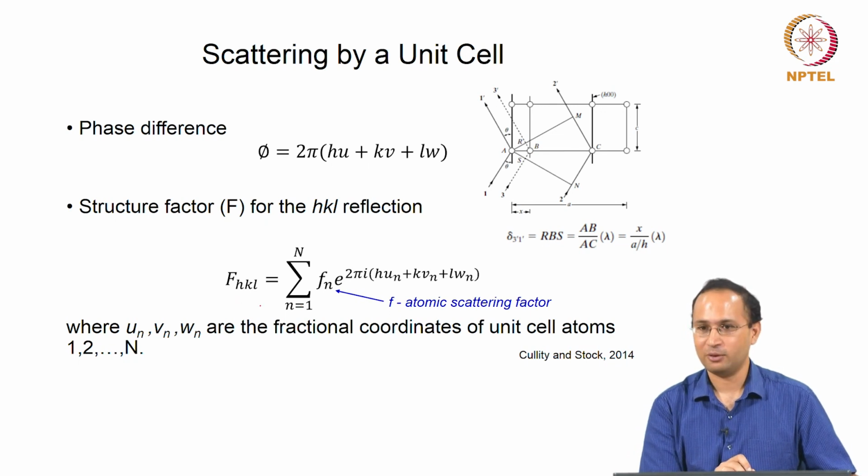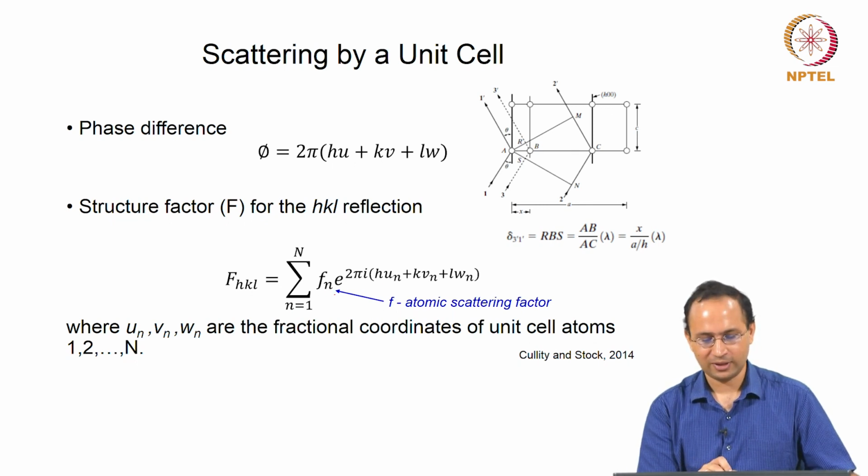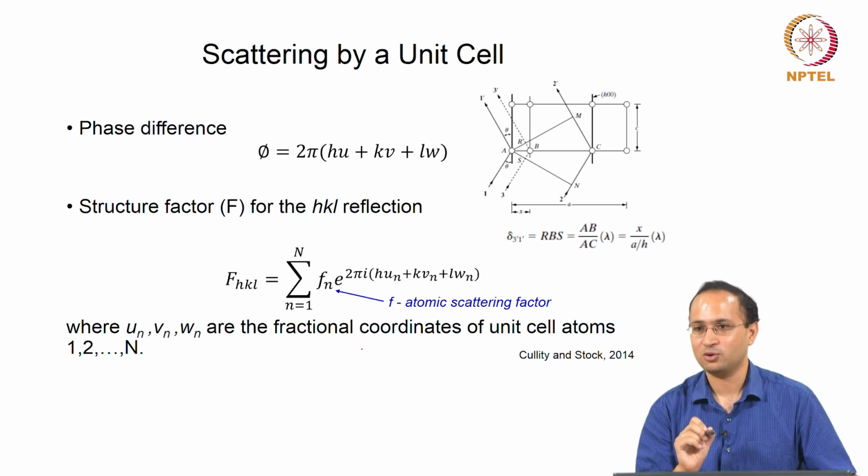Capital F for a given HKL depends on the atomic scattering factor for that atom times e to the power 2 pi i (h u_n plus k v_n plus l w_n), where HKL is the plane you are interested in, and u_n, v_n, w_n are the fractional coordinates. You need to know the atomic arrangement, because that is going to influence your intensity. This is a very important relationship.